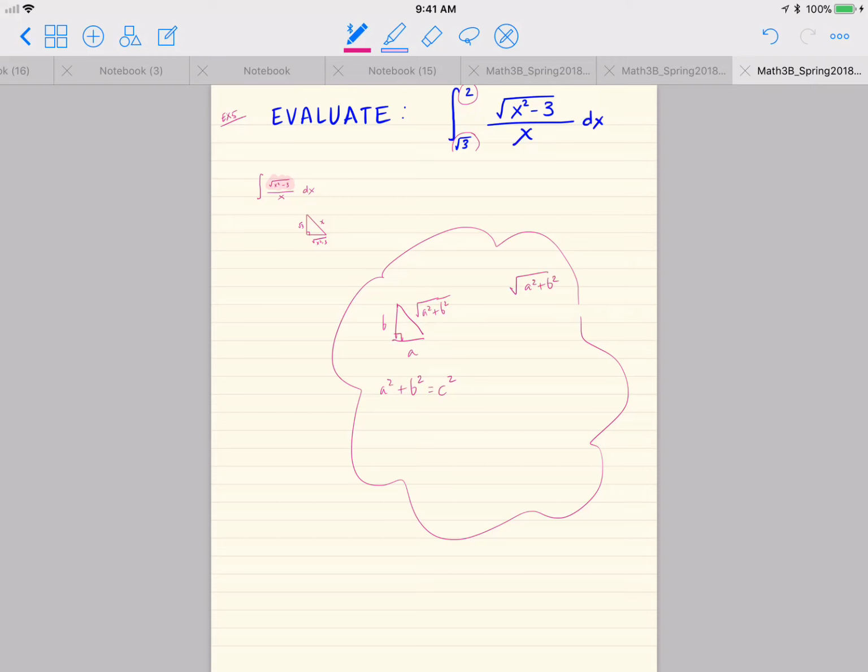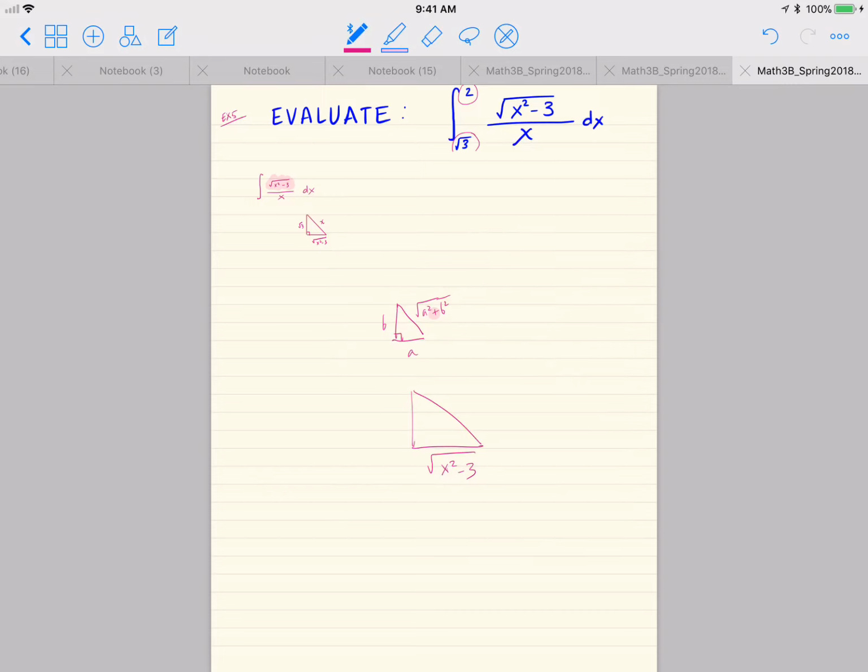Since I've got minus 3, it's not going to be a hypotenuse. So this radical is going to be a leg, and I may as well make it the bottom leg. That's the first step. So I know on the bottom I'm going to have the square root of x squared minus 3. Now the issue is, what should I make the other leg so that the triangle works out nice and pretty?